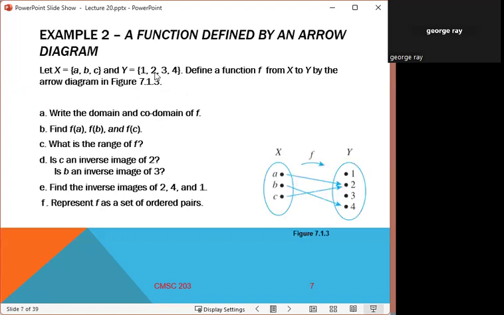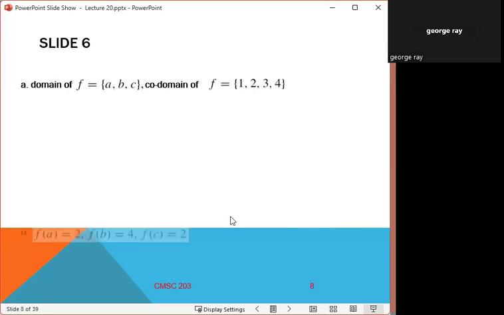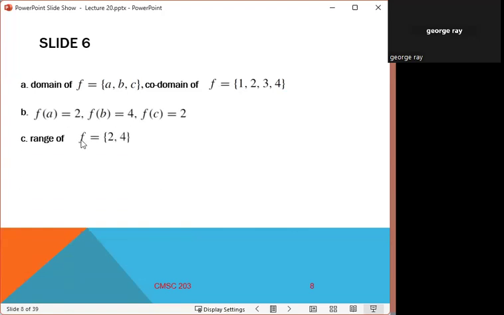So that's our domain and codomain. And then f of a is going to be 2, f of b is going to be 4, f of c is going to be 2. Like we see here, the range of f is 2 and 4.